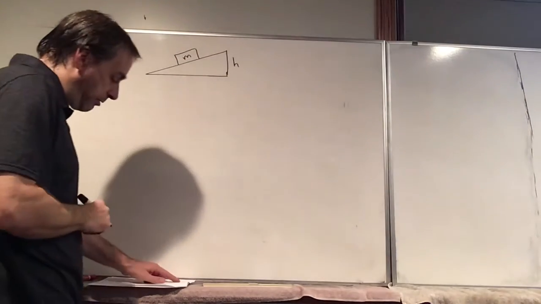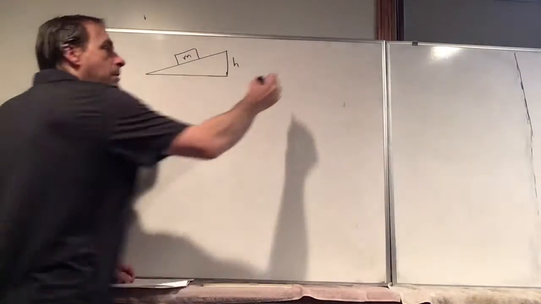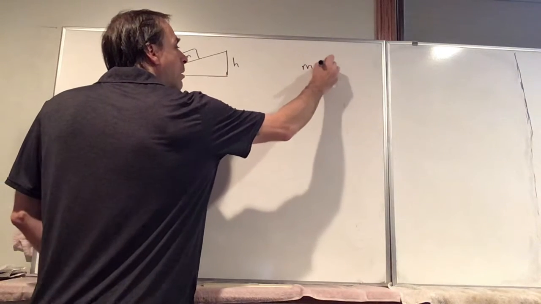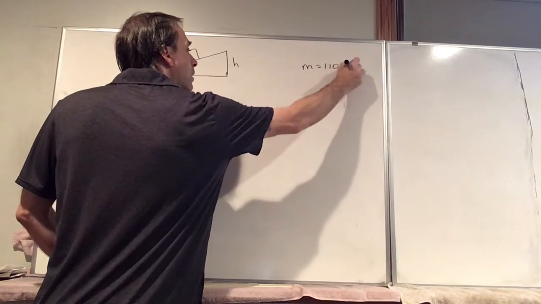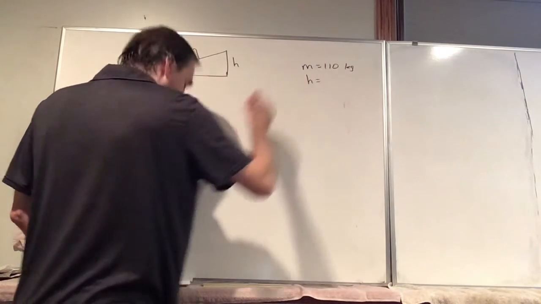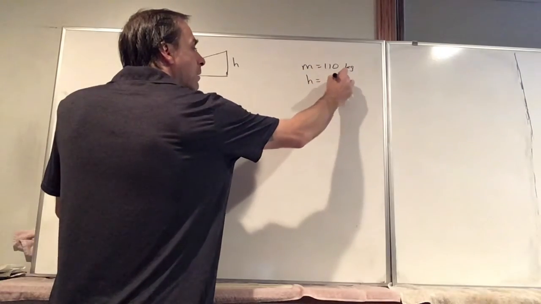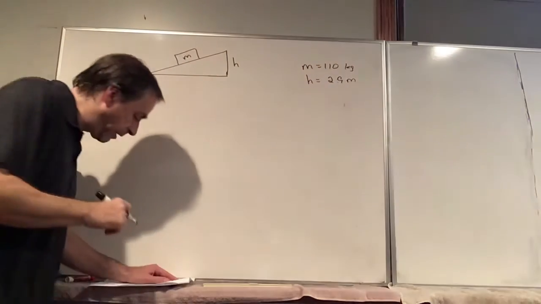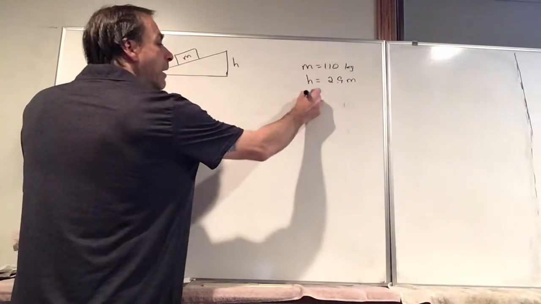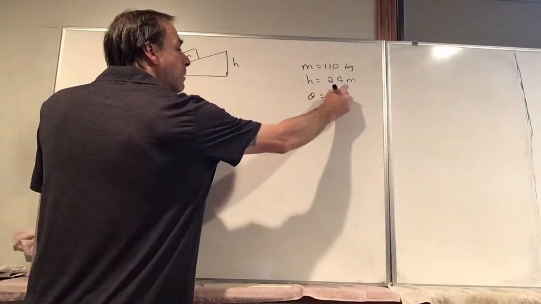So the mass is 110 kilograms. See why we wouldn't want to lift that directly. Height of 2.9 meters. We're lifting it up a fair distance as well. The angle is 25 degrees.